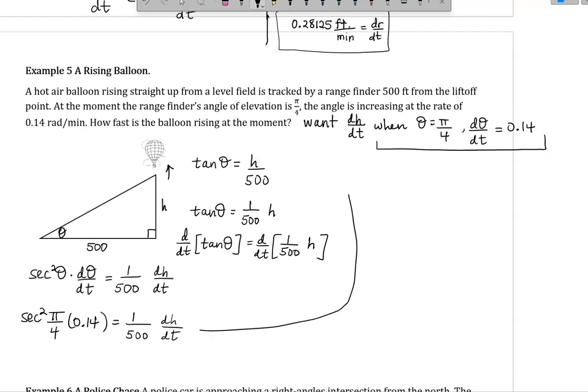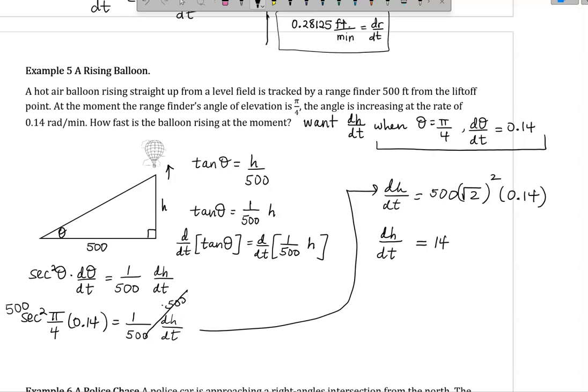Now I need to multiply both sides of this equation by 500 to get dh/dt by itself, so this will cancel out and I pick up a 500 on the right-hand side. The value of secant pi over 4 is root 2, which we then square and multiply by 0.14, which leaves us with our final answer for dh/dt as 140, measured in feet per minute.